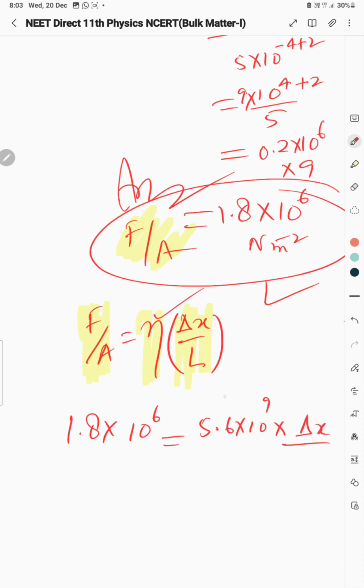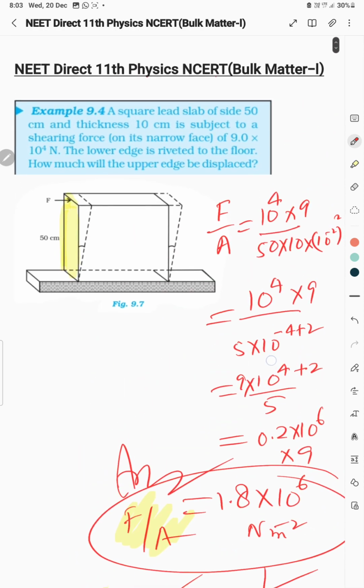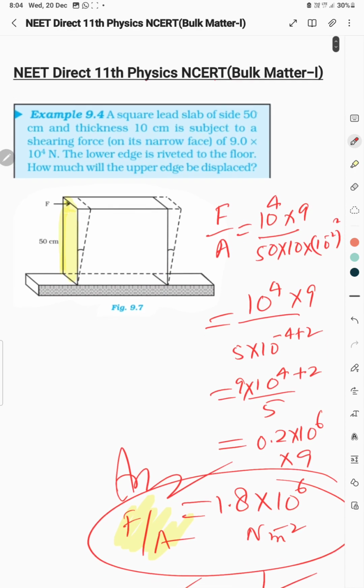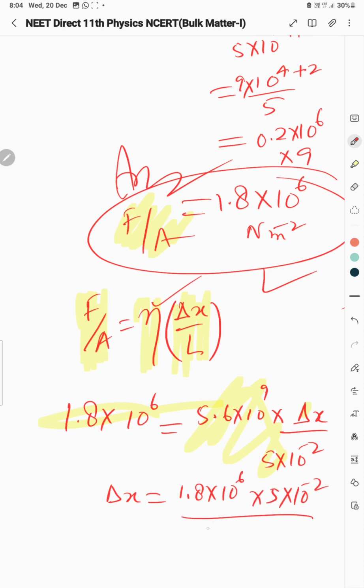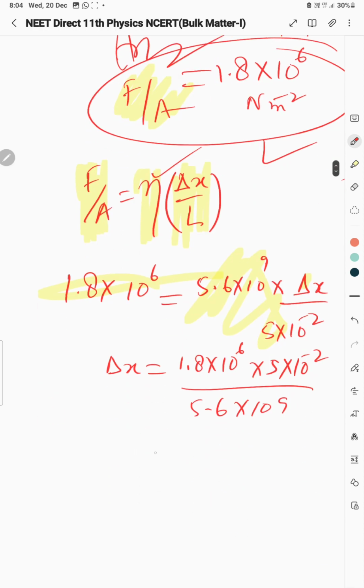Delta x we are supposed to find. And what's the length? Length of this edge is given to be 50 centimeter. So I put here 50 centimeter. I make it into meters. Therefore, delta x is 1.8 into 10 power 6 into 5 into 10 power minus 2 divided by 5.6 10 power 9.